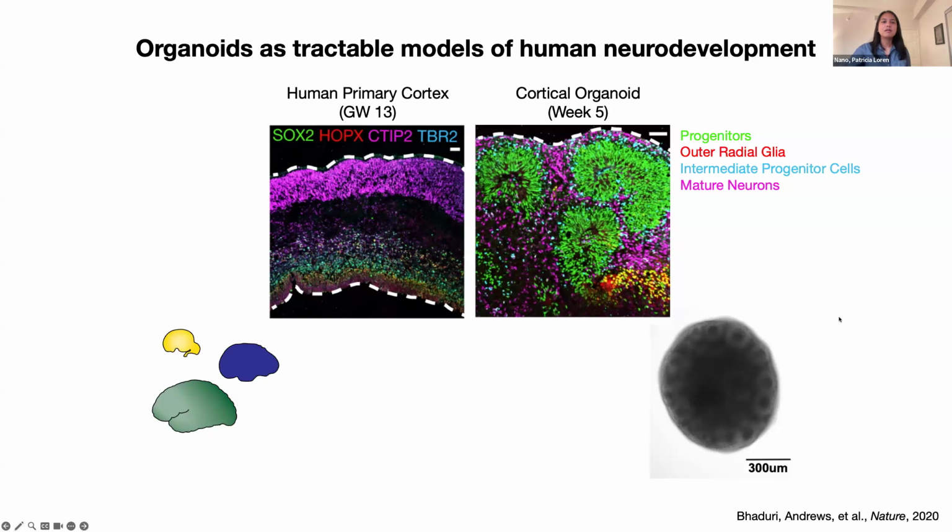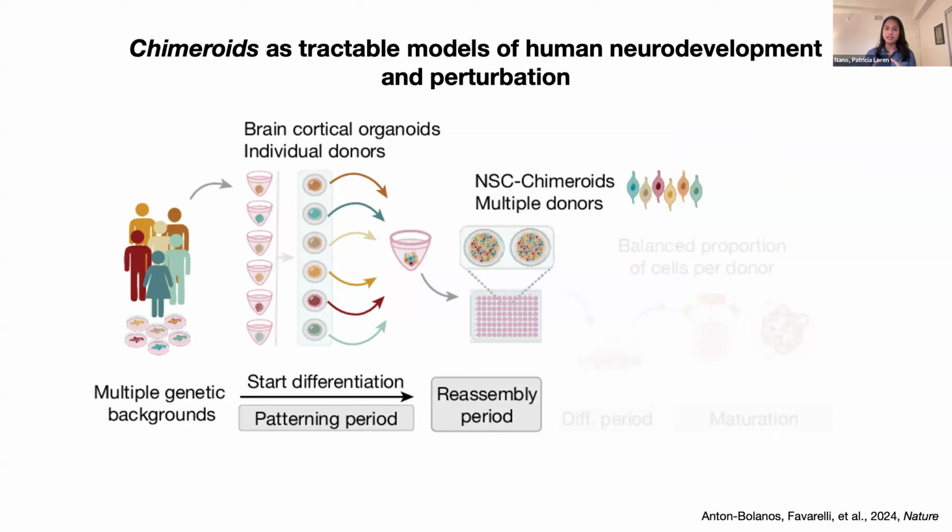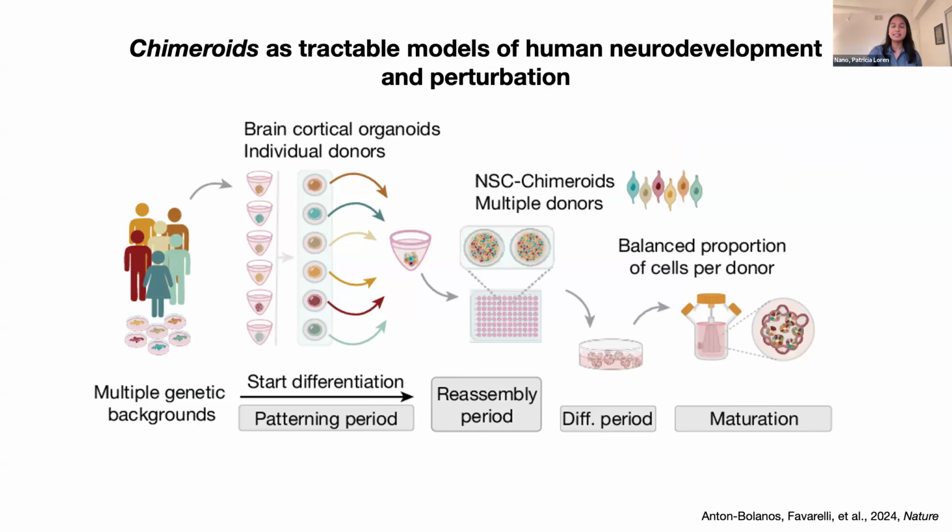Now, much work has been done to really expand and improve upon the organoid model. One thing that we were really excited to see is recent work from Paola Arlotta's lab, taking these organoid models and now generating chimeroids. In the chimeroid model, they generate multiple brain cortical organoids from different donors, and then through a process of dissociation and reaggregation, can put these donor cortical organoids all together in the same mass, enabling parallel investigation of multiple genetic backgrounds.